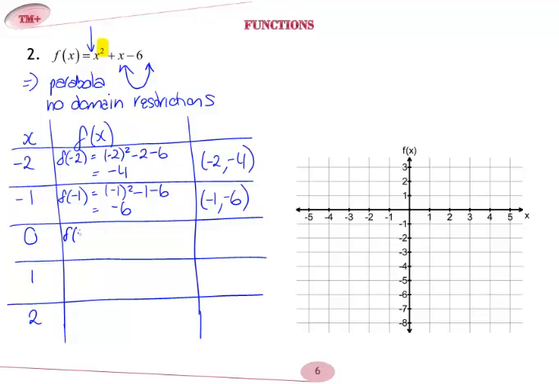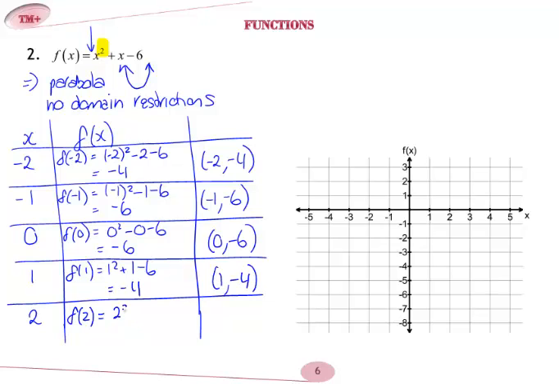Always do 0, because you'll note when you plug it in, 0 squared plus 0 minus 6, you're just left with that intercept. So (0, -6). f of 1 is going to be 1 squared plus 1 minus 6, which gives me -4. And then f of 2 is going to be 2 squared plus 2 minus 6, and that's going to give me 0.